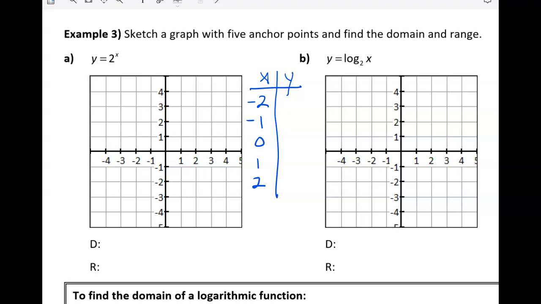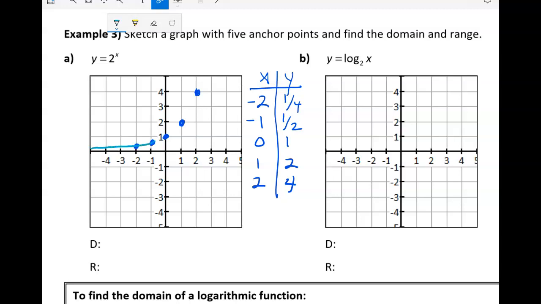And since y is equal to 2 to the x, when x is negative 2, that's 2 to the negative 2, which is 1/4. 2 to the negative 1 is 1/2. 2 to the 0 is 1. 2 to the 1 is 2. 2 to the 2 is 4. So now let's graph those 5 points. Negative 2, 1/4. Negative 1, 1/2. 0, 1. 1, 2, and 2, 4.